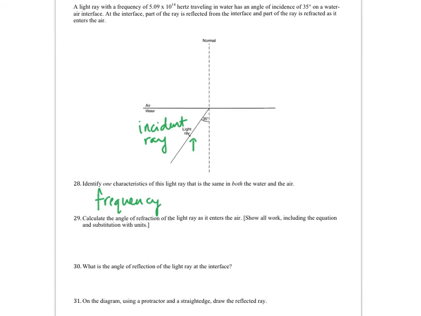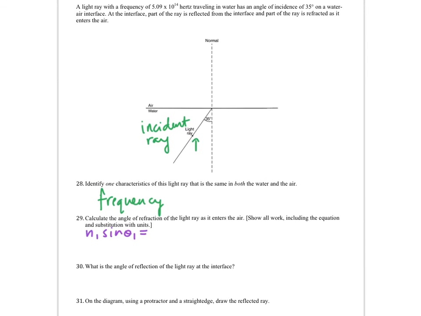We gotta calculate the angle of refraction of the light ray as it enters the air for number 29. And we gotta show all work. This means we gotta use an equation, guys. Calculate for the angle of refraction. So this means we use Snell's law: n1 sine theta 1 equals n2 sine theta 2.